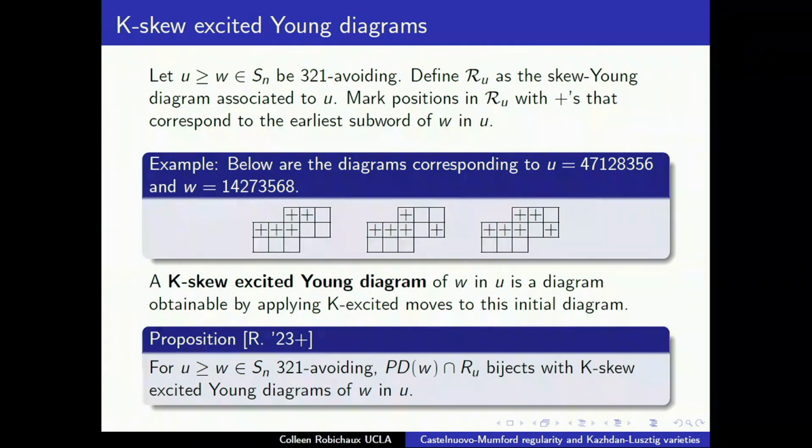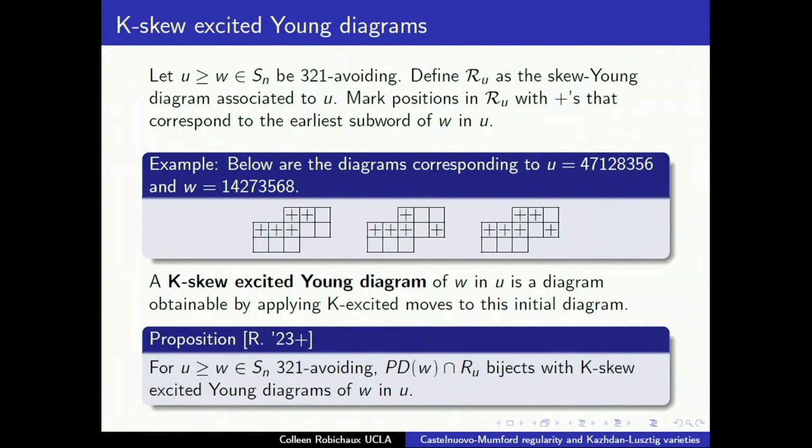All right, so for these k-skew excited Young diagrams, I'm going to start by taking my big permutation and doing exactly this operation that I said. So I'm going to take the Rothe diagram for the big permutation, delete the empty rows and columns, and glue together. And I'm going to define an initial configuration of pluses that I'll associate to this smaller permutation u. All of the underlying combinatorics is coming from the subword complex, so you can just accept that there is a unique initial configuration of these pluses that we're getting.